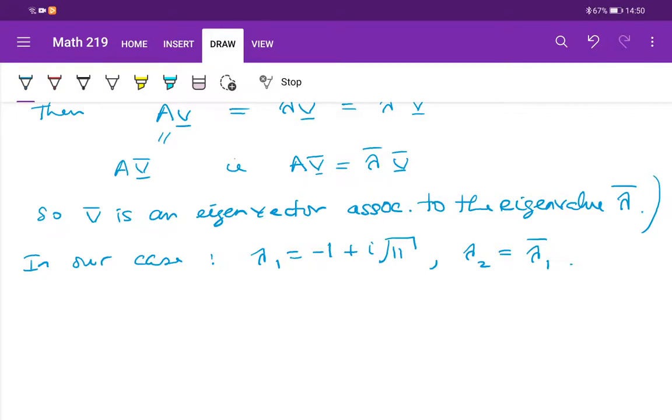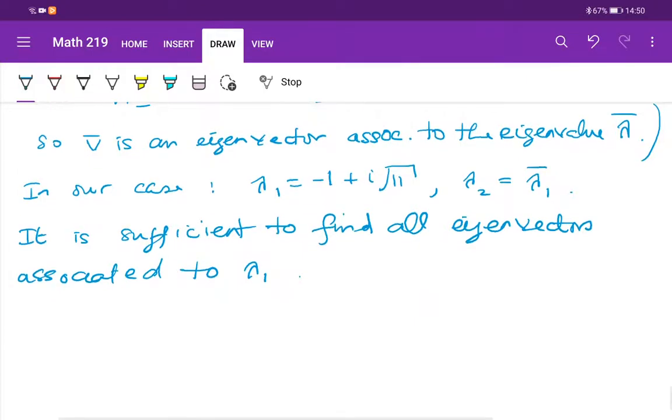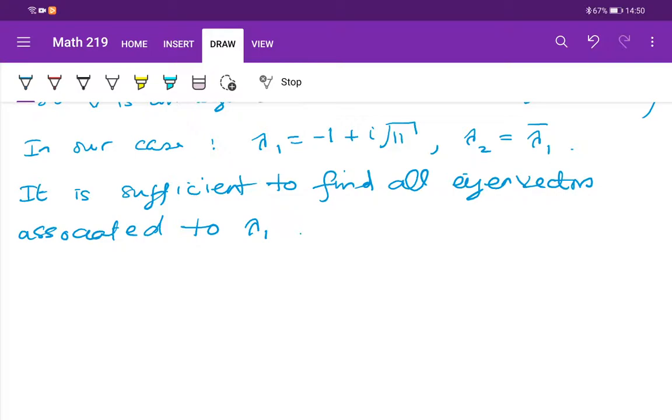So it is sufficient just to find all eigenvectors associated to lambda 1, since their conjugates will be eigenvectors associated to lambda 2. Okay, so how do you find eigenvectors associated to lambda 1?